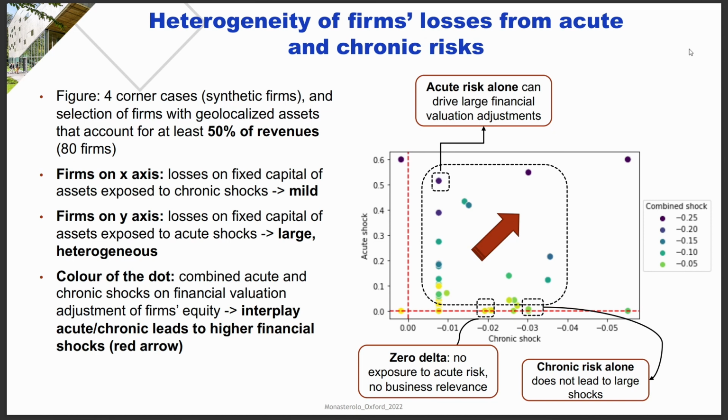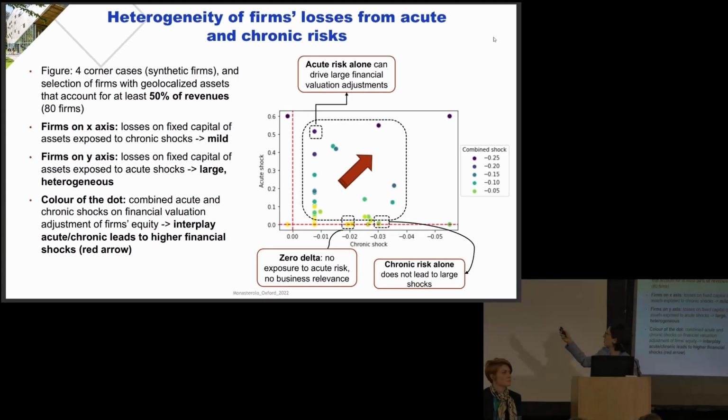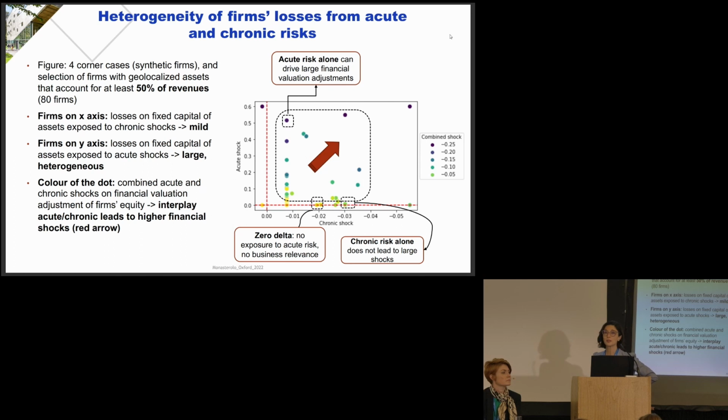On the x-axis, we have the losses on fixed capital of assets of firms exposed to chronic shocks. And what we see here on the bottom is that chronic impacts on assets are in general very mild. But when we move on the y-axis, we see that the impact on the firms coming from acute shock on physical assets can be as large as over 60%.